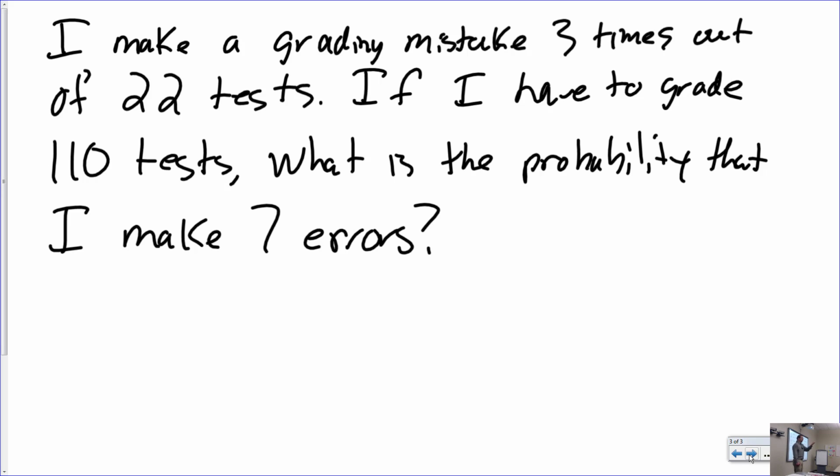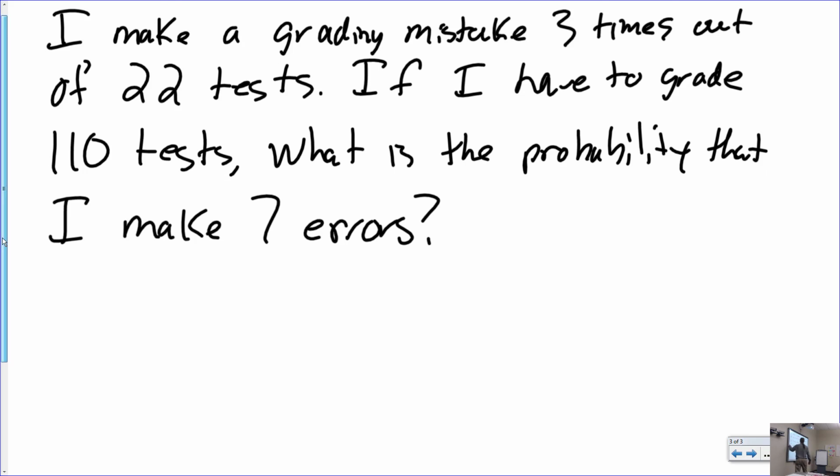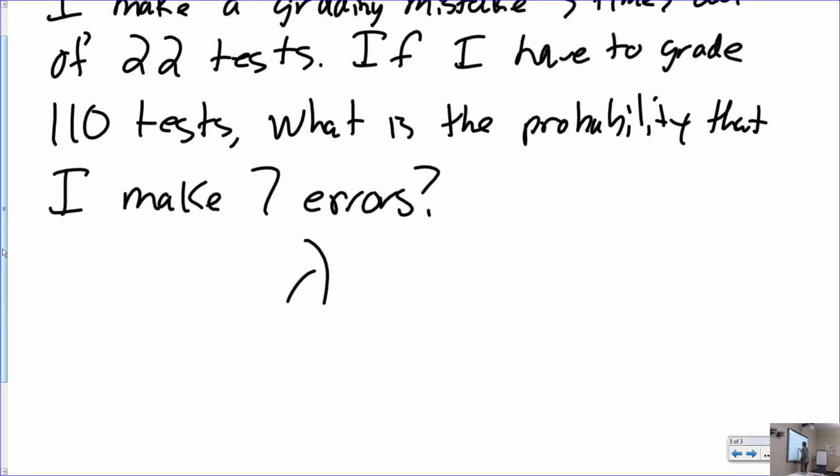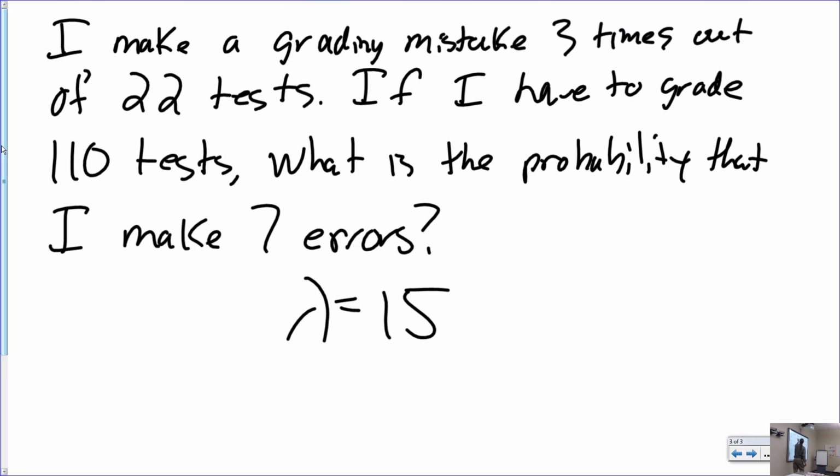15. Why 15, Ben? Because 5 times 22 is 110. All right, good. So my lambda on this problem, folks, is 15, because the average number of mistakes I make is 3 out of 22. 3 out of 22 equals lambda out of 110.